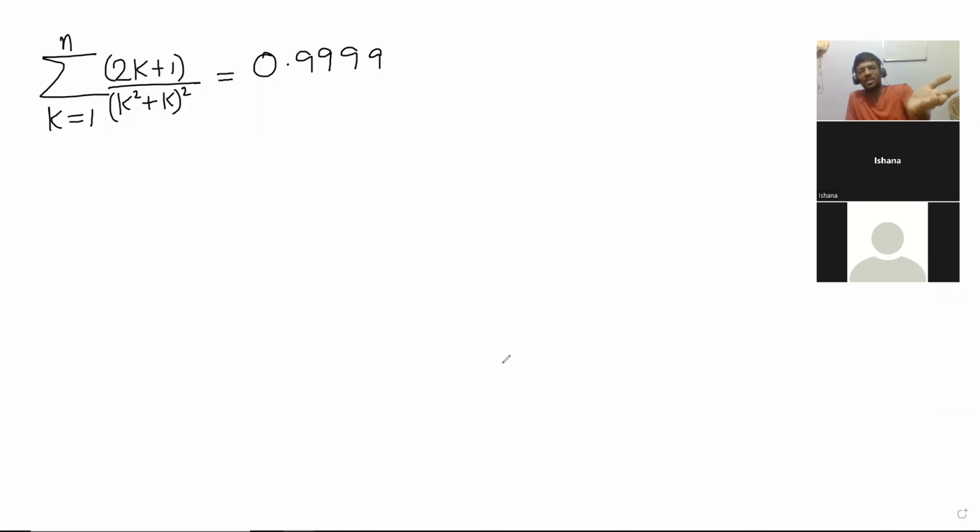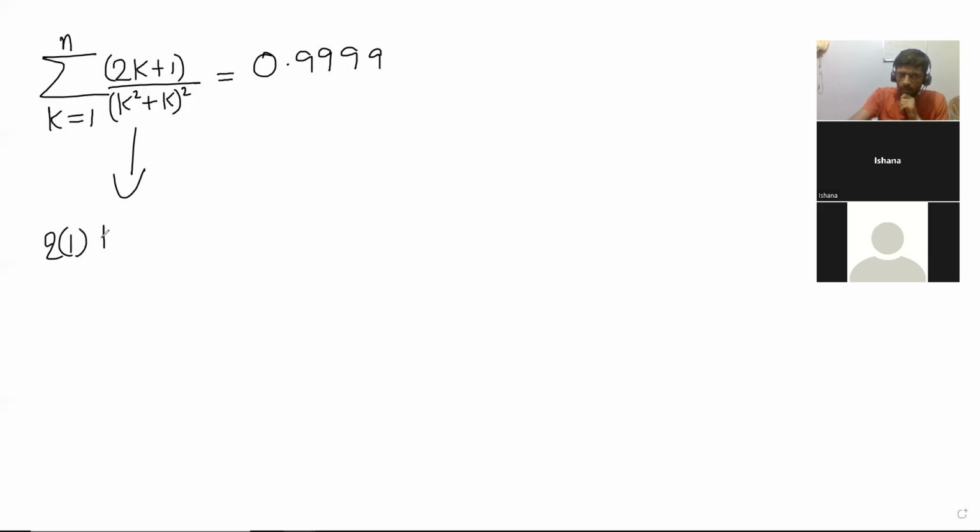So this is the question. We did 2 or 3 questions, and this 2k plus 1. So this is the summation. Do both of you understand the summation notation? What this means? Put k equal to 1.